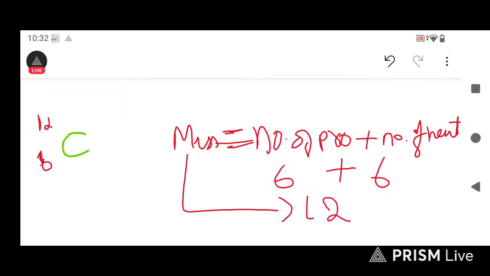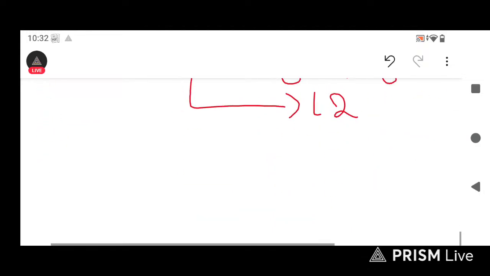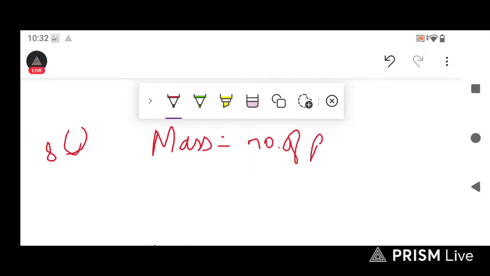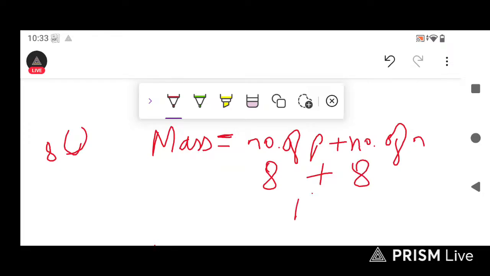Got it? Now let's move towards another example, that of oxygen. Oxygen has 8 protons, and we can find the neutron number. So we write mass number is equal to number of protons plus number of neutrons. The number of protons is 8 and the number of neutrons is also 8. 8 plus 8 is 16, so we write 16 in the superscript.